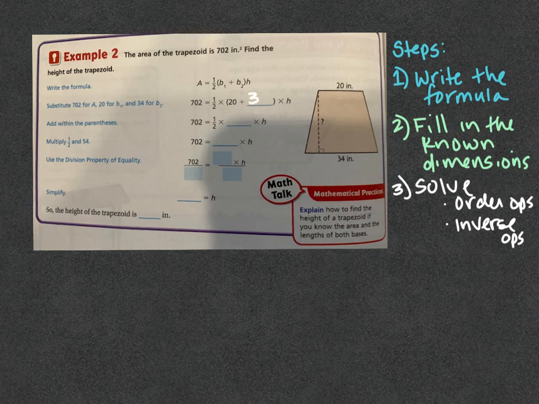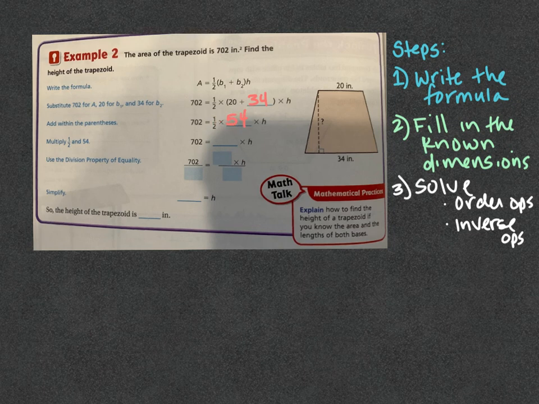What I don't know is the height. That's the question mark, so I'm going to leave that as an H. I only have one variable, so I can solve this. Let's clean things up a little bit. Order of operations says, first I need to take care of this addition. 20 plus 34 is going to be 54.